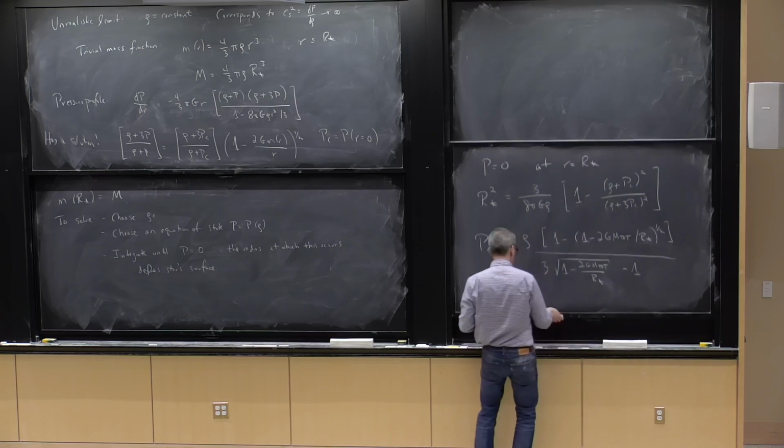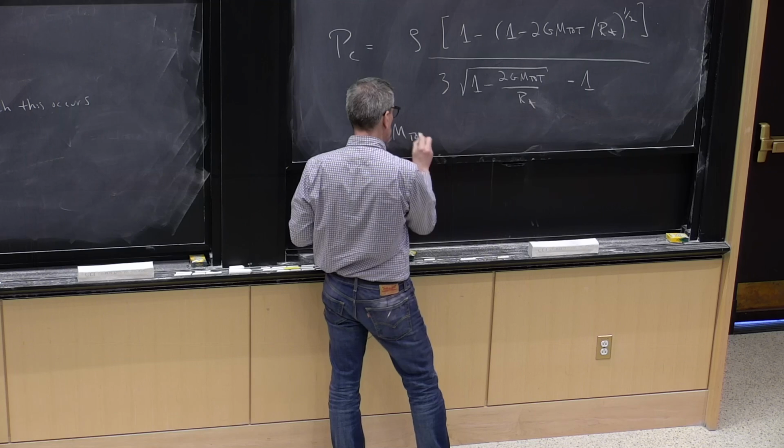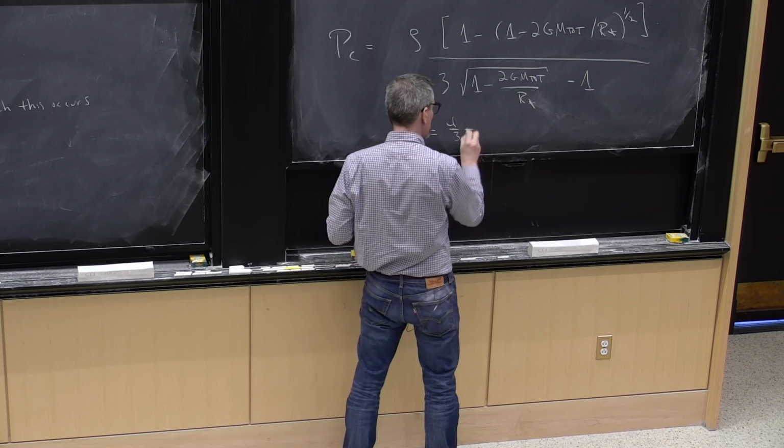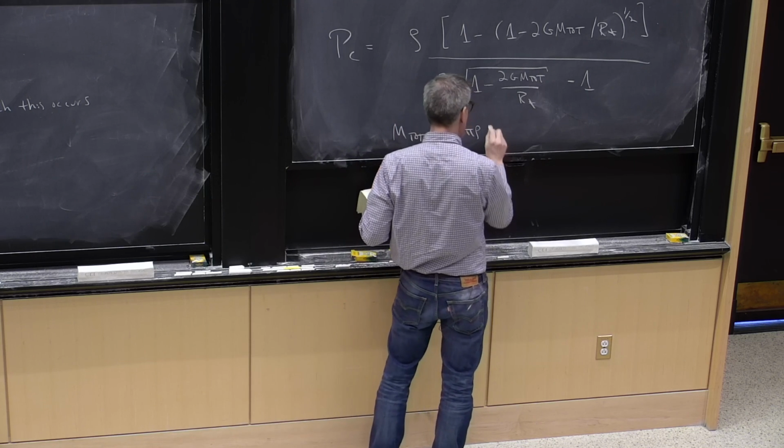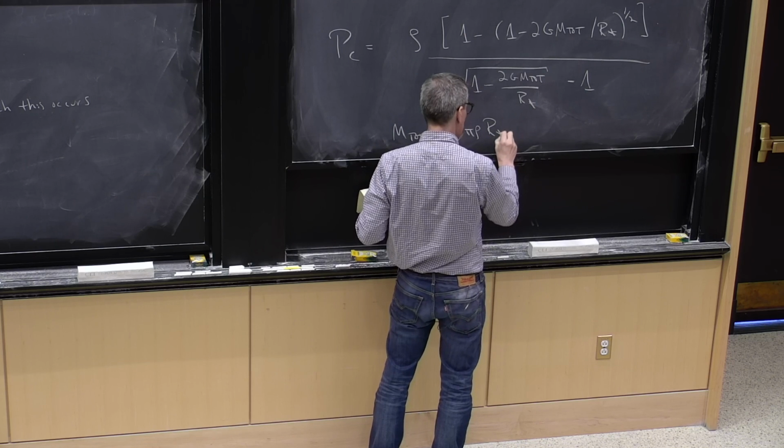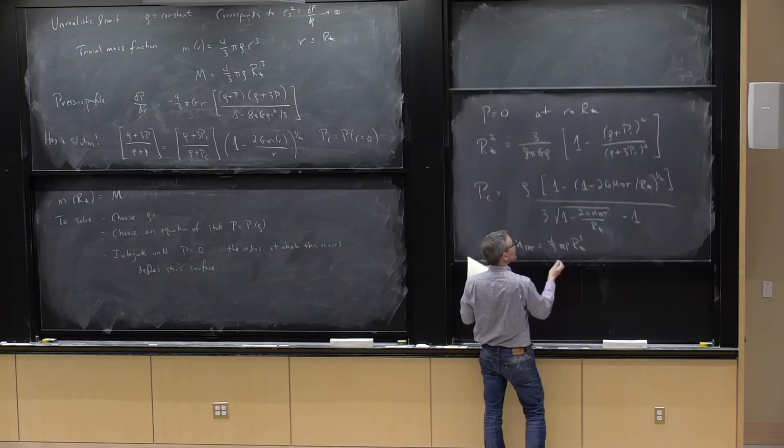I've written this in terms of m tot, but m tot is, of course, simply related to this density and the star's radius cubed.